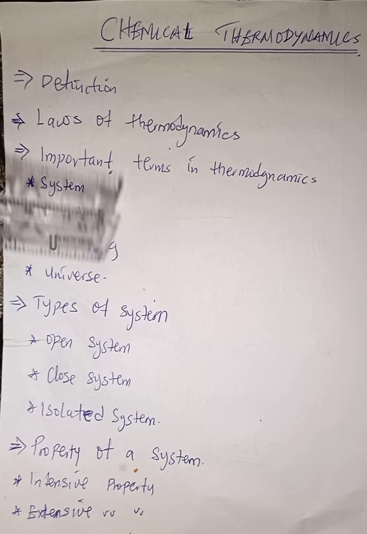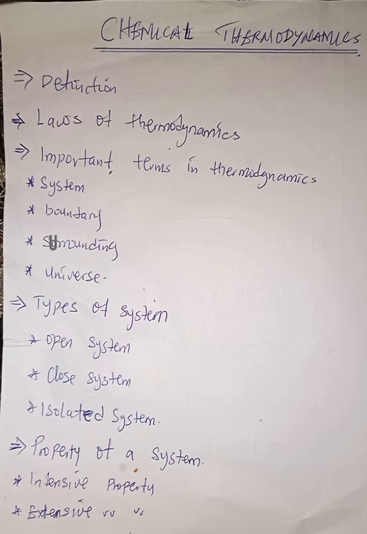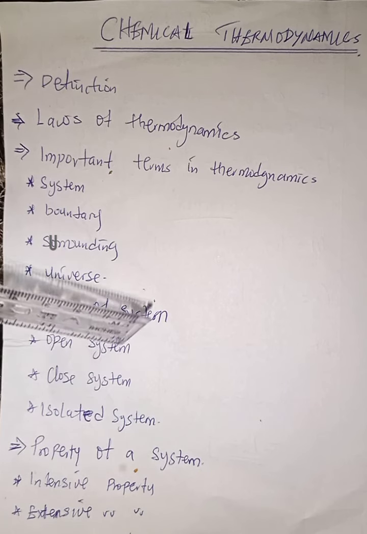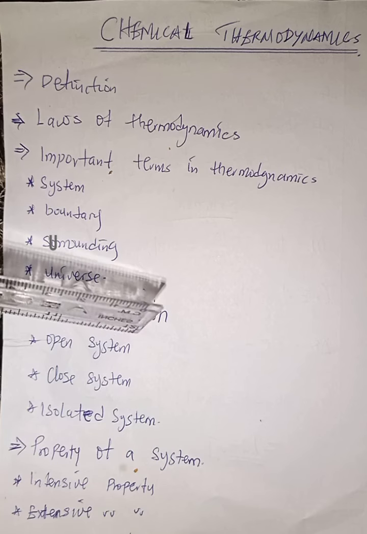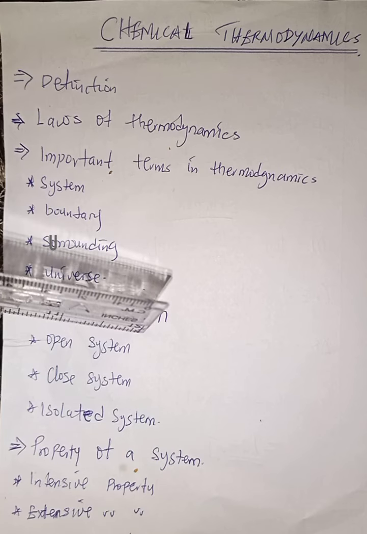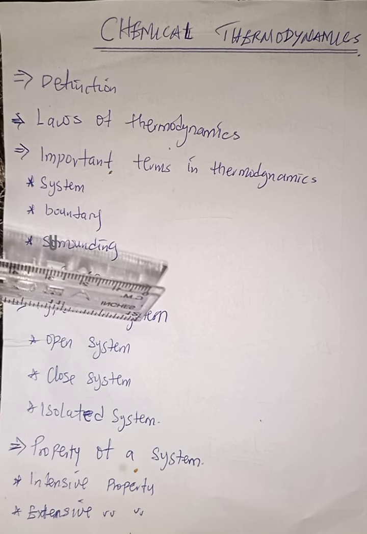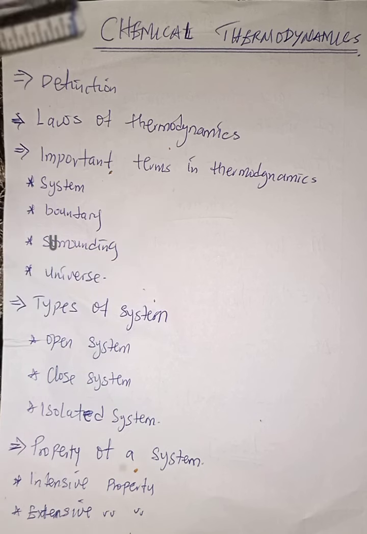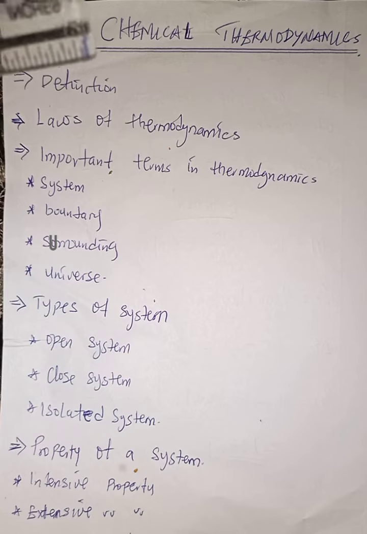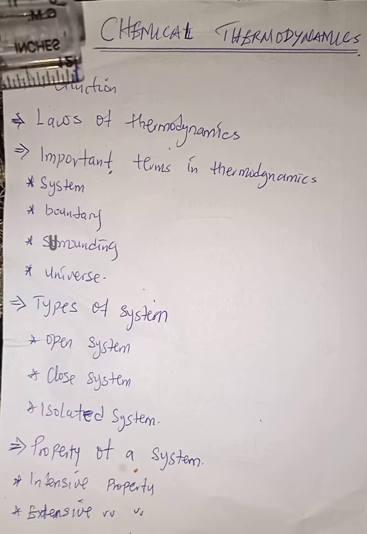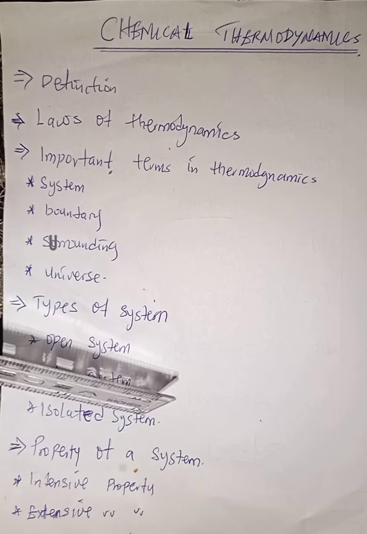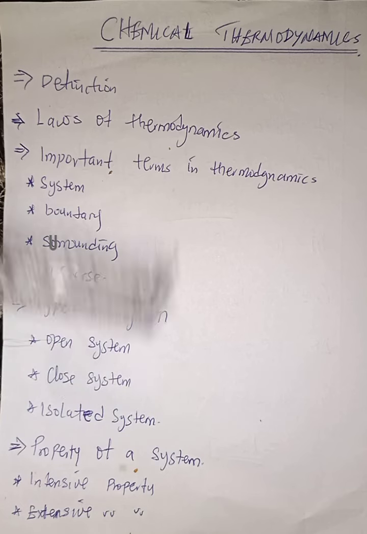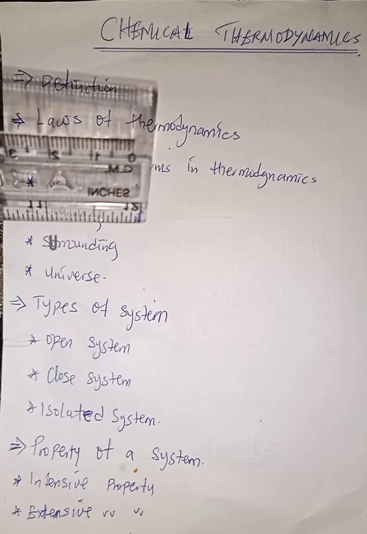Now, a likely example of an isolated system is a thermoflask, because the thermoflask can hold heat energy for some period of time. But strictly, since heat can still flow across its boundary, we can also classify it as a closed system, because an isolated system is a system that does not allow the flow of either matter or energy across its boundary.